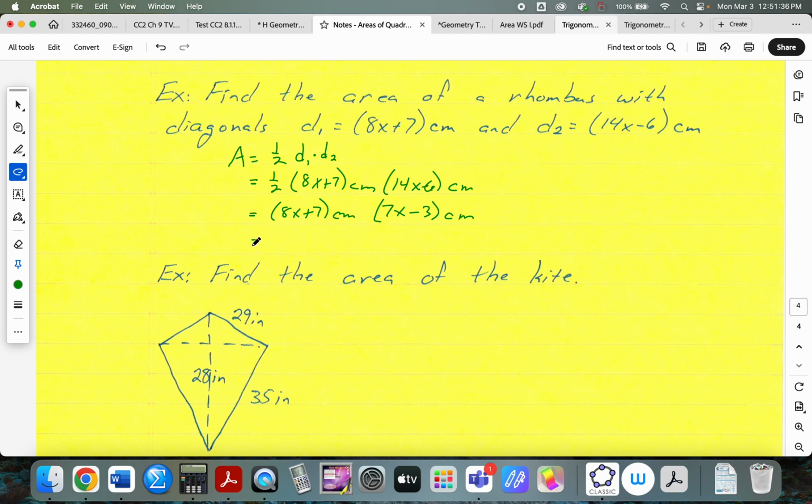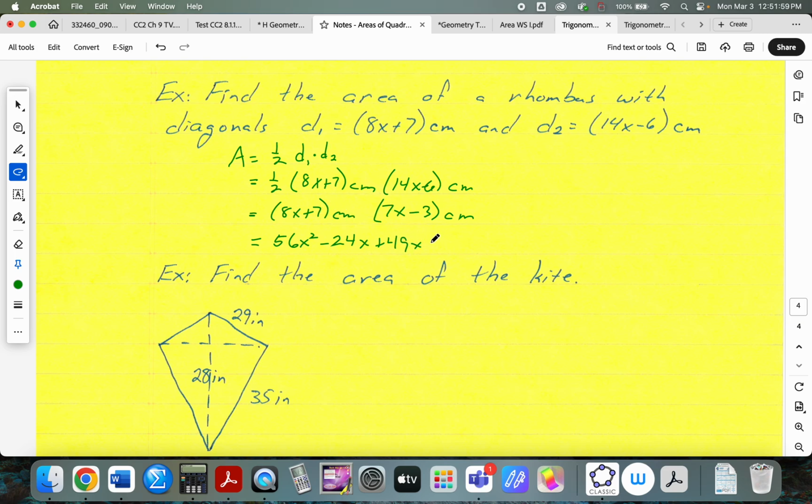Now I get to use the distributive property, or you may have called it FOIL. 8x times 7x is 56x squared. 8x times negative 3 is negative 24x. Then distribute the 7. 7 times 7x is 49x.